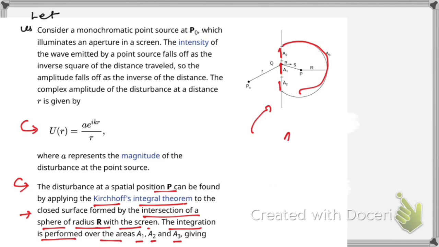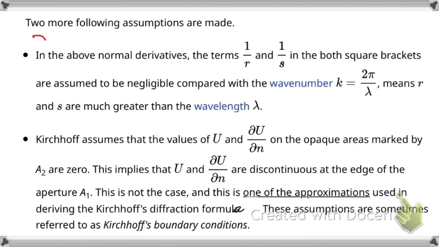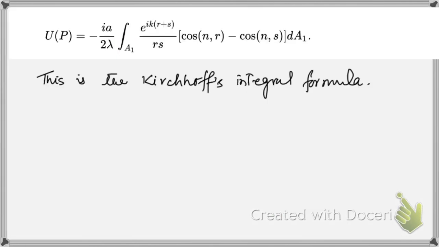Combining A1, A2 and A3, this whole surface is composed of these three. These are the assumptions made, and this is Kirchhoff's integral formula, which gives the disturbance at the point P.